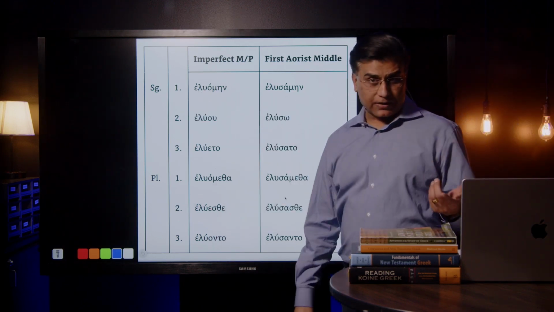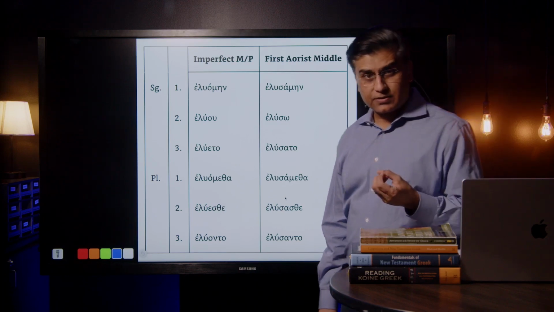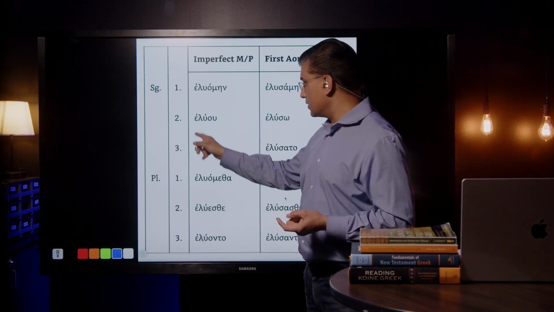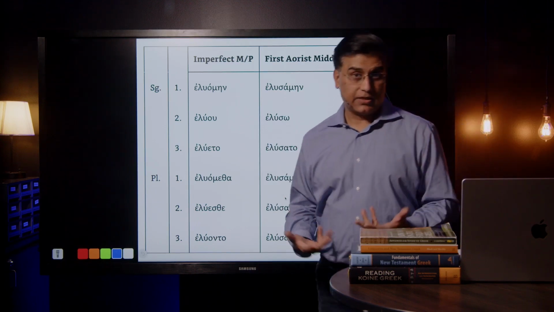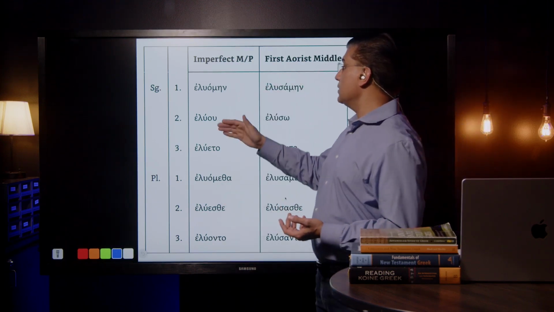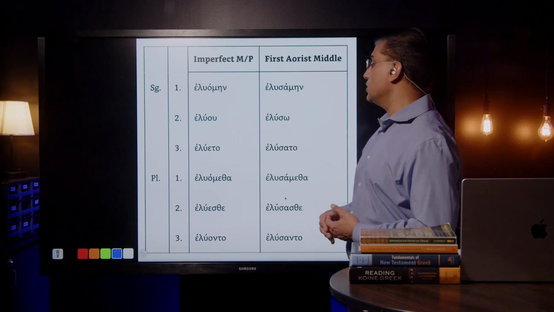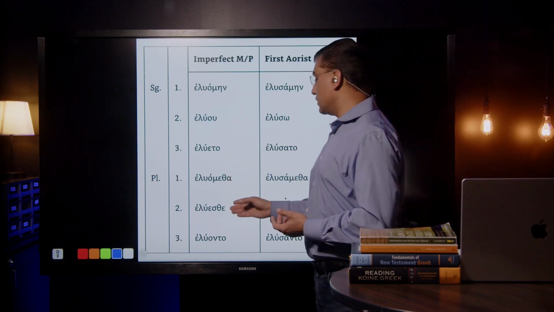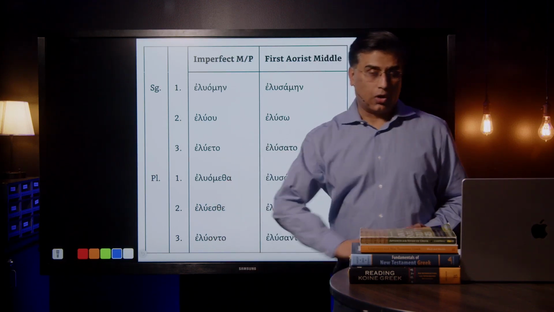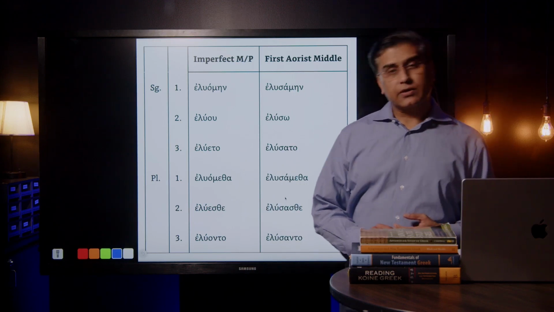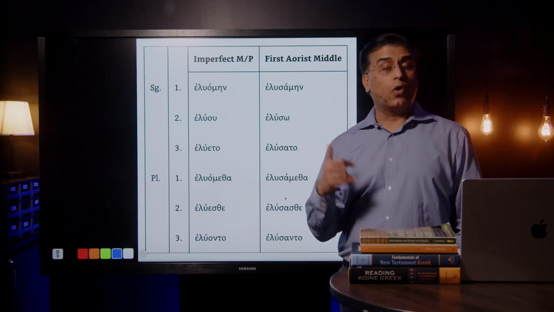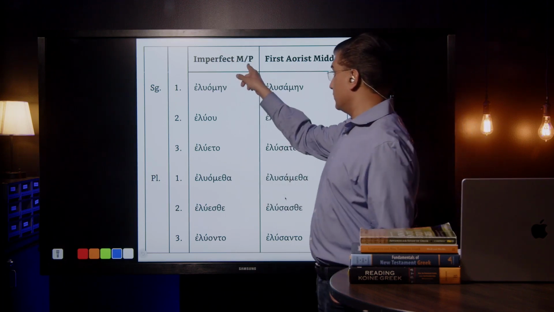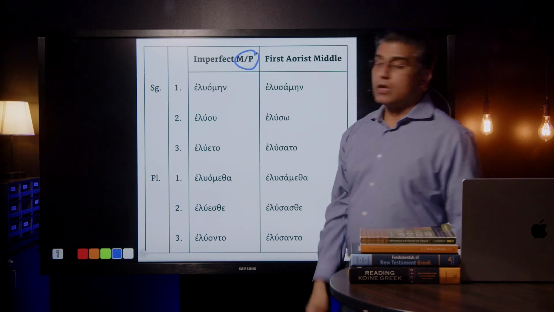Since it's imperfect, it comes with a prefix e, as you can see. But then, secondary tenses: eluomen, elu-o, elueto, eluometha, elueschde, eluonto. Of course we're discussing the imperfect middle or imperfect passive. They're the same, as you can see right here.